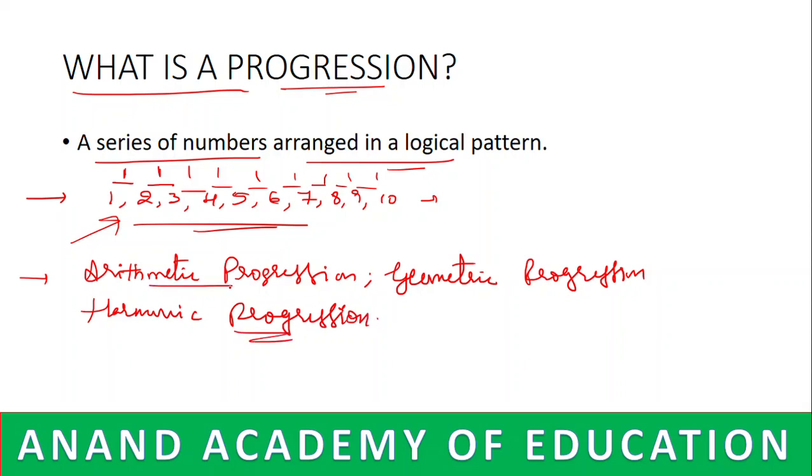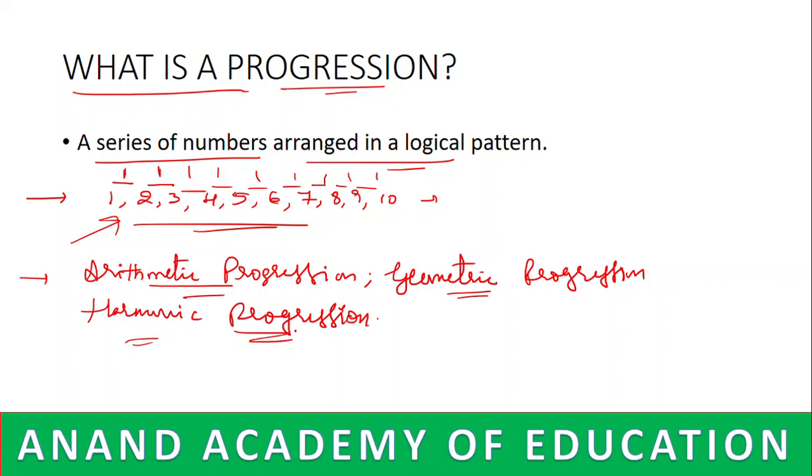So in this chapter, we'll be dealing with these three progressions, although we have different kinds of progressions. We only have three kinds of progressions for our syllabus: arithmetic progression, geometric progression, and harmonic progression. And we will learn these progressions from our next video lectures.